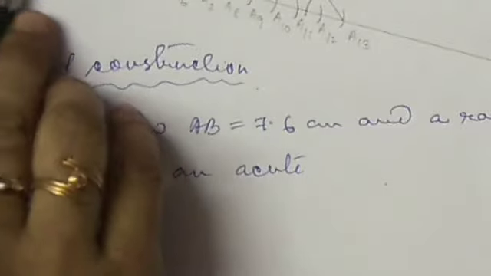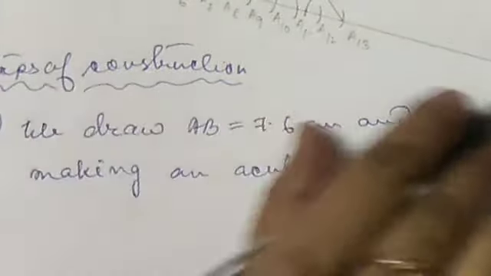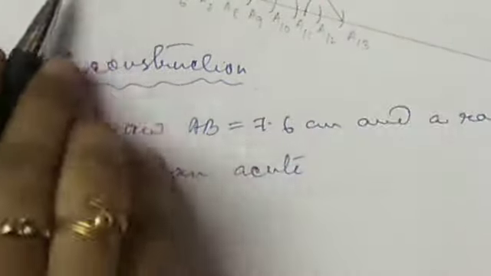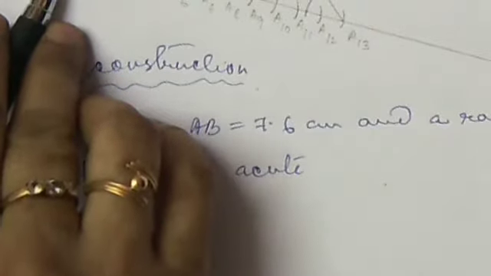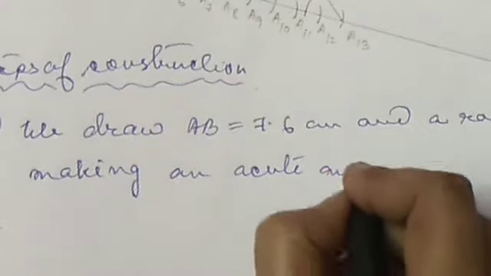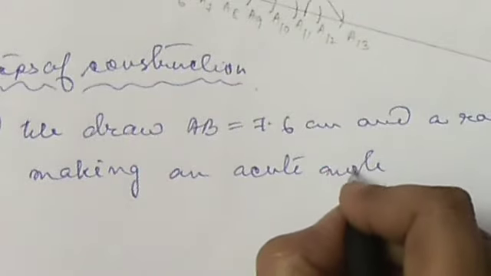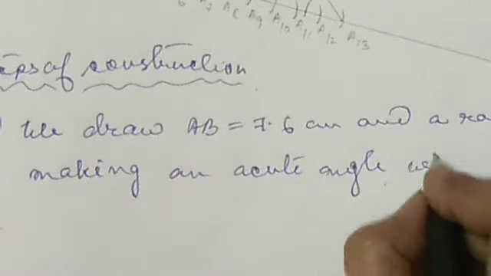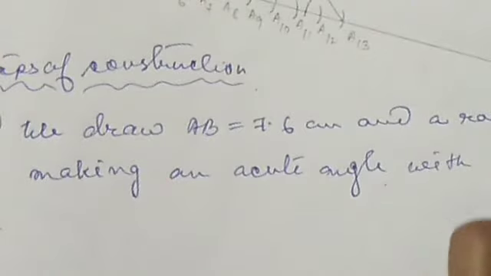This angle is acute, no? So as the ray is drawn this way, here it makes an acute angle with AB.